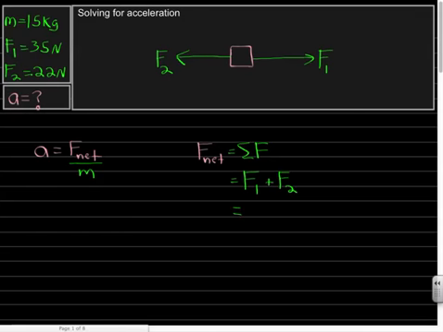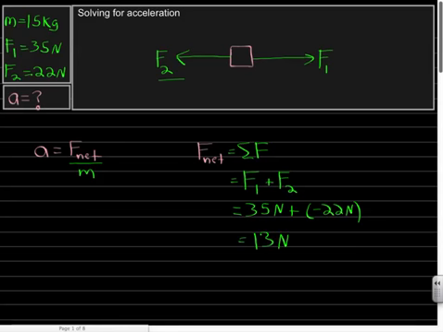So we just simply plug in what we know. F1 is equal to 35 newtons. So we have 35 newtons plus, now F2, it doesn't say it's negative, but since in the picture we can see that it's to the left, we can say it's plus negative 22 newtons. So 35 plus negative 22 is equal to 13 newtons to the right, positive.